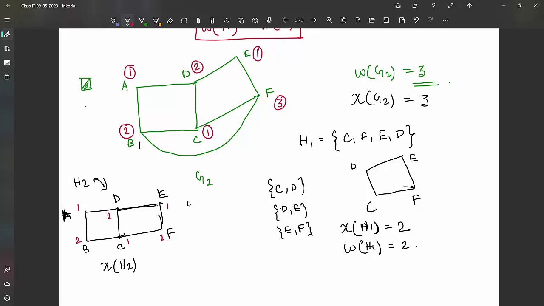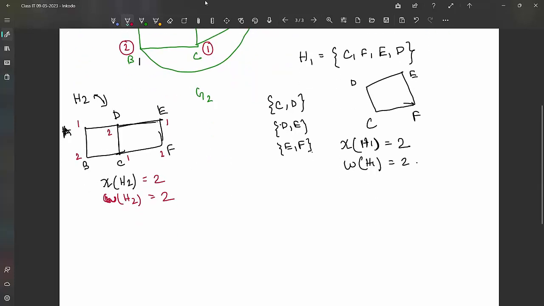So you need only 2. And for the omega of this set, the same thing: the only cliques present here have 2 elements, no 3-element cliques are available. So the omega of H2 is equal to 2.